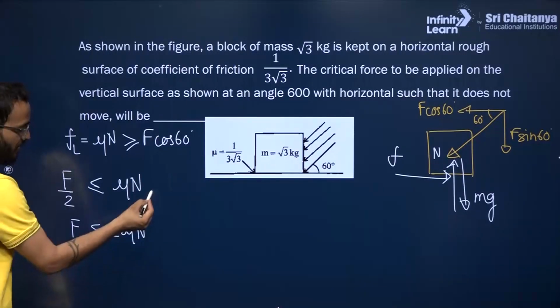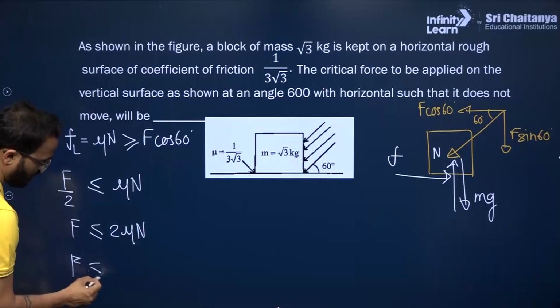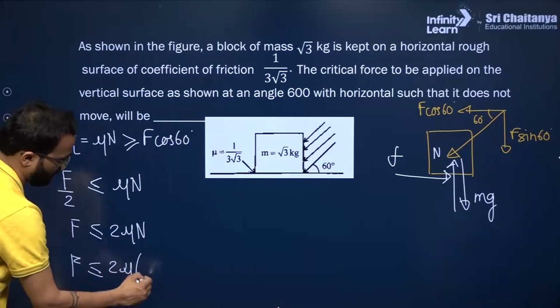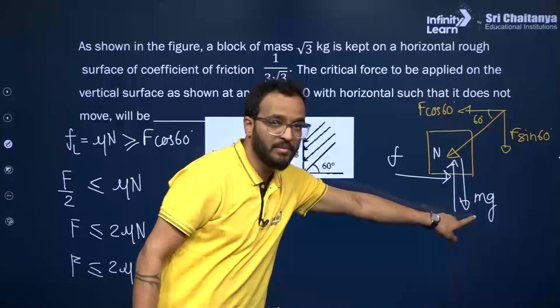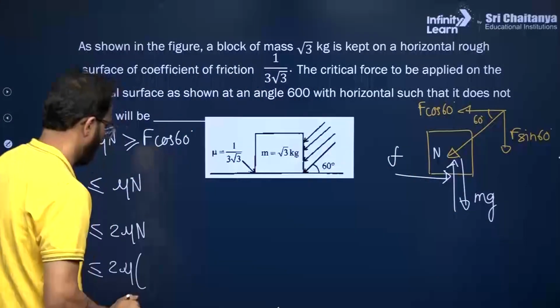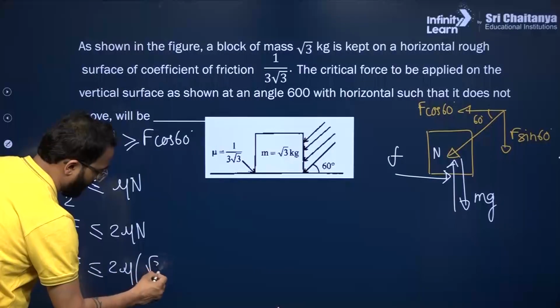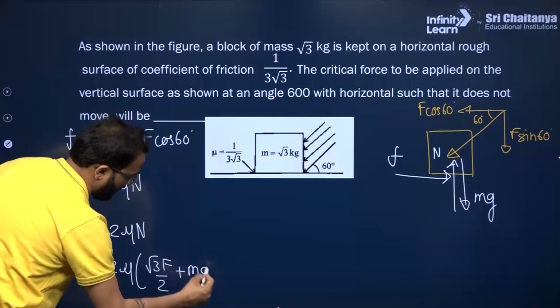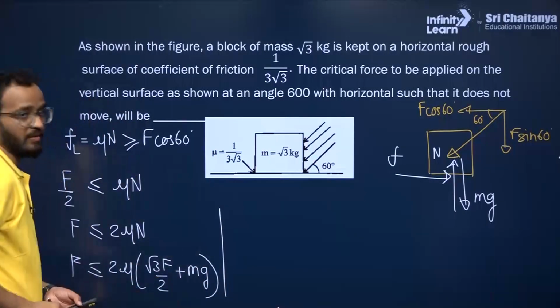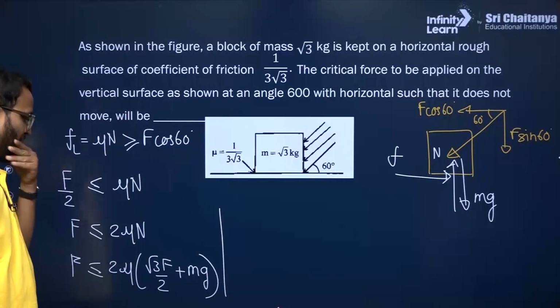So let's begin with what is normal. 2 mu into normal will be what? See, F sin 60 plus mg will be equal to normal. F sin 60 is root 3 F by 2 plus mg. This will be equal to normal, right?